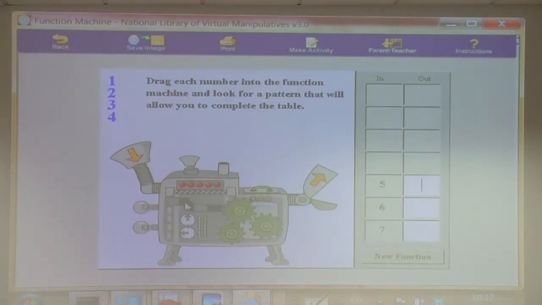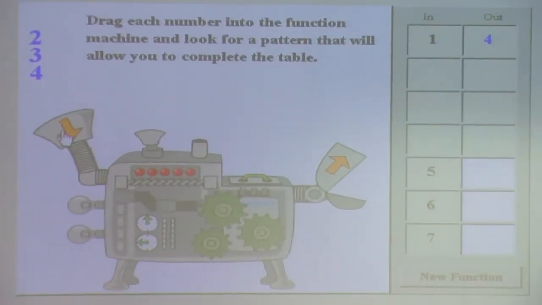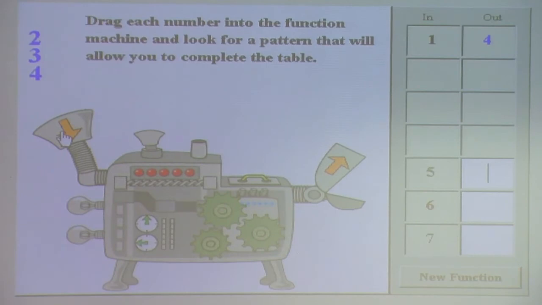Beautiful machine. We take the number 1 and we drop it in, and it comes out as 4. Now your job is to predict what function it is. What do you think? It could be 1 plus 3, or x plus 3.